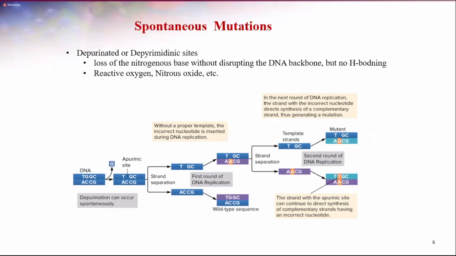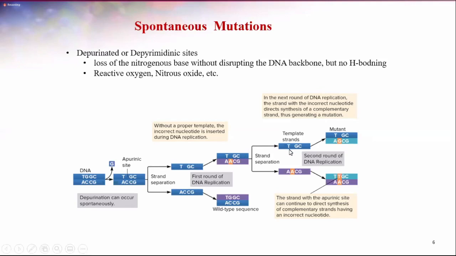So one time you can have an A there, another time it can serve as a template to insert a G, or you can have a C there, or a T there, right? So 3 out of those 4 combinations would be wrong. There would be just that one that will insert a C against that opening and restore the original wild type sequence.